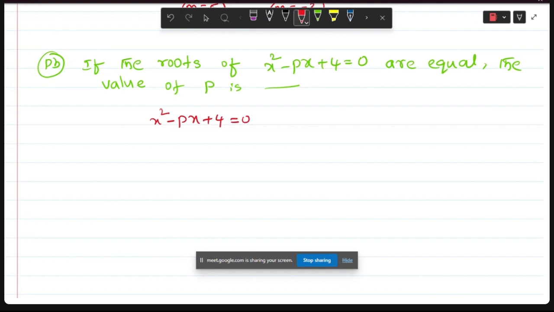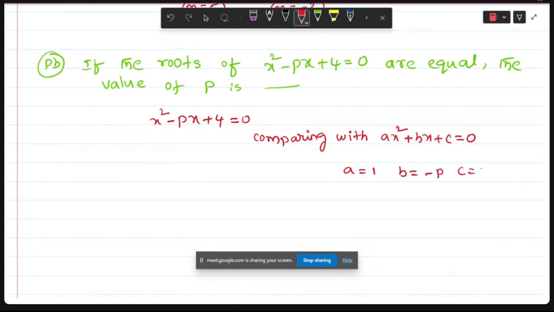First, we'll solve. x square minus px plus 4 is equal to 0. First, compare with ax square plus bx plus c is equal to 0. a is equal to 1, b is equal to minus p, c is equal to 4.